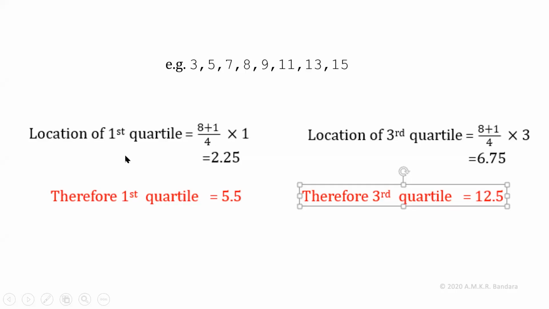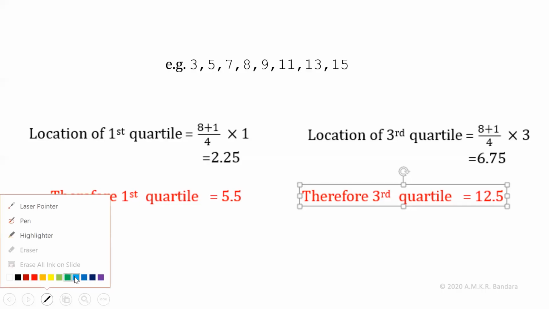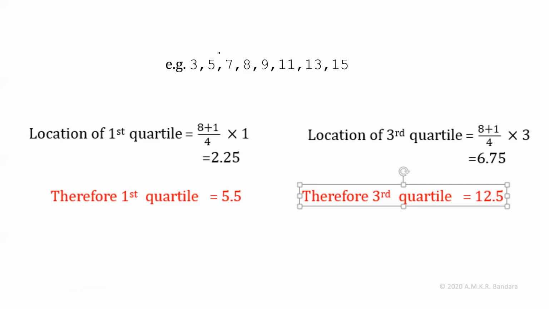So the location of the first quartile is the 2.25th location. This is the first location, this is the second location, this is the third location. So we have to go 0.25 from this second location in order to find the first quartile.